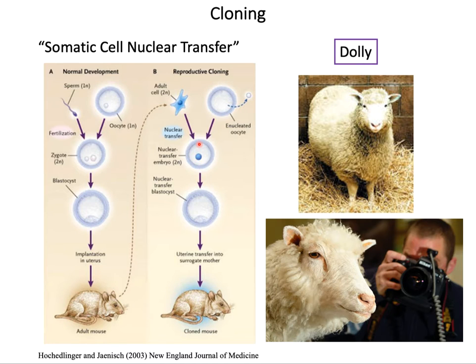Remember, normally the egg only has half the amount of genetic material. But this nucleus that's taken from an adult mammalian cell, a diploid organism, will have the complete set of chromosomes, and you insert this into an egg, and the egg can continue on its differentiation. Again, this was pioneered in frogs, but the first mammal that was cloned was the sheep Dolly.